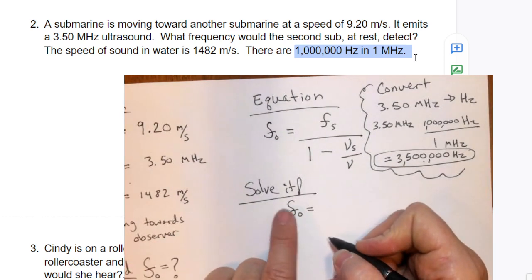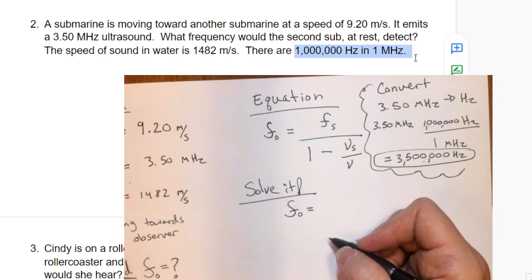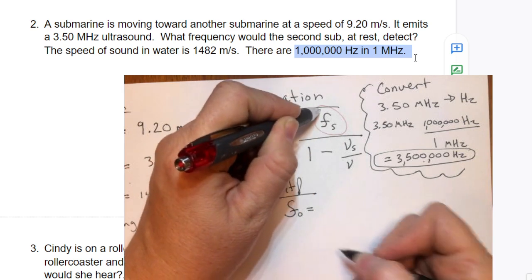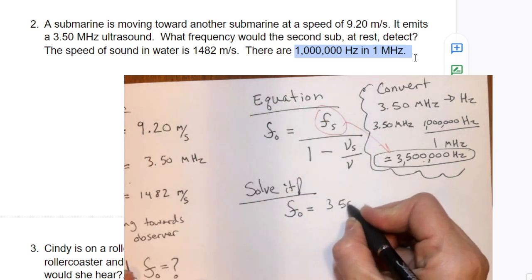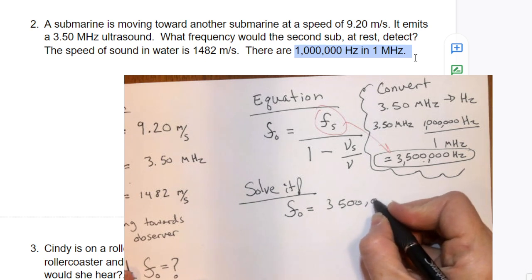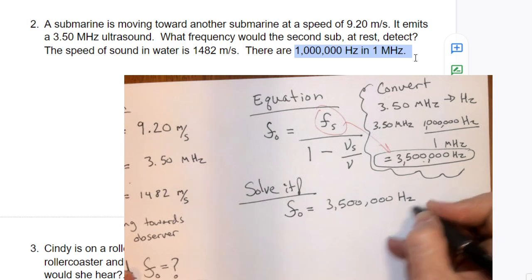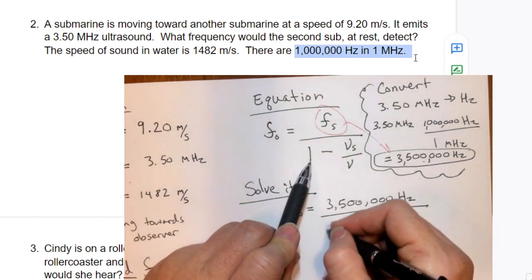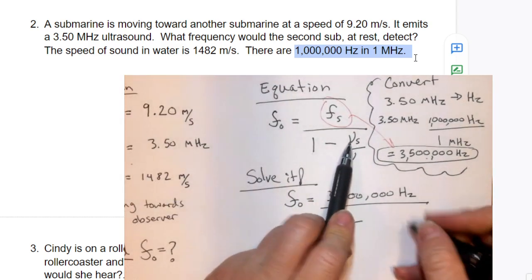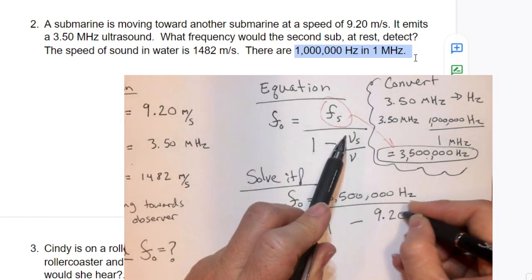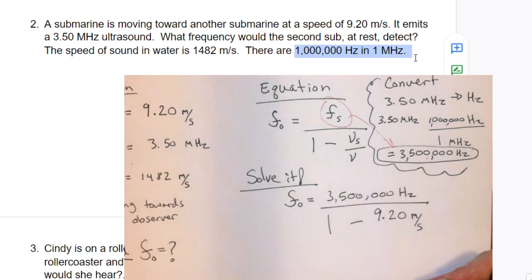The frequency observed equals the frequency emitted at the source, which is really big, 3,500,000 hertz, divided by 1 minus the velocity of the sound source, 9.20 meters per second, very slow.